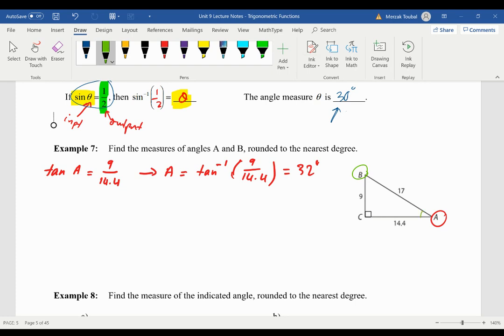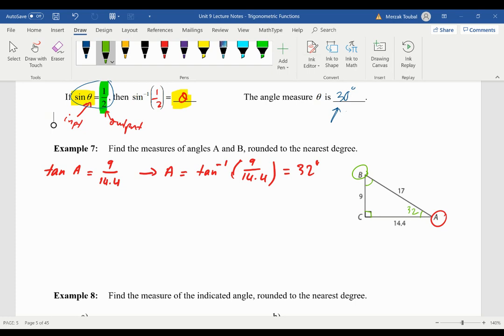If this is 32 and this is 90, then B would be 180 minus 90 minus 32, because in geometry, we learned that the sum of the measures of the angles of a triangle is 180.